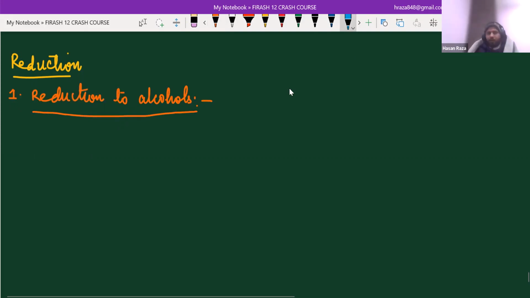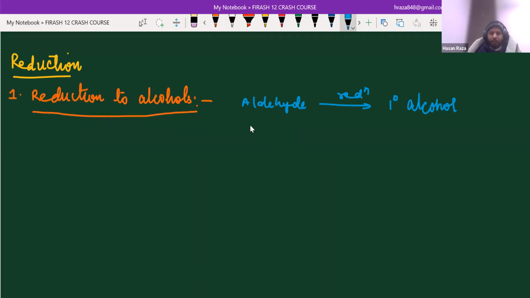Mild reducing agent, and if you are going to use in aldehyde, it will give you primary alcohol, that means 1-degree alcohol. If you are going to have ketone and you are going to use mild reducing agent, again the reduction, then you will be getting 2-degree alcohol. Is that clear?